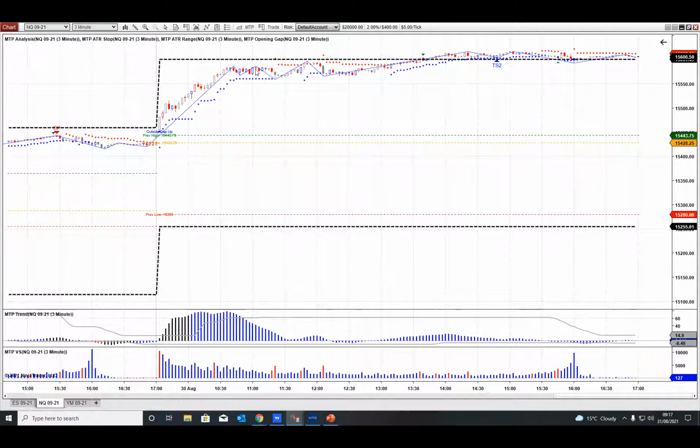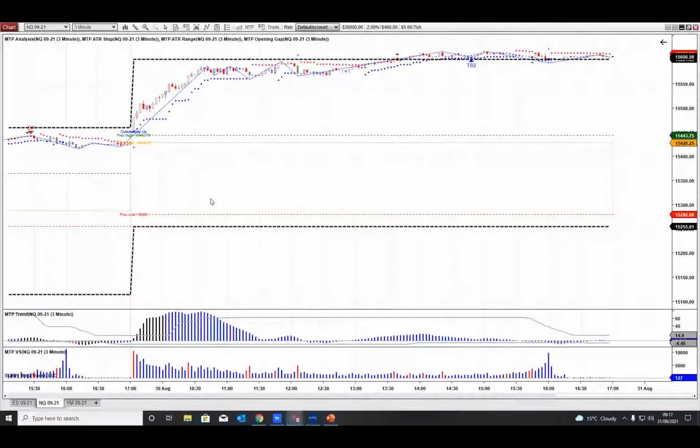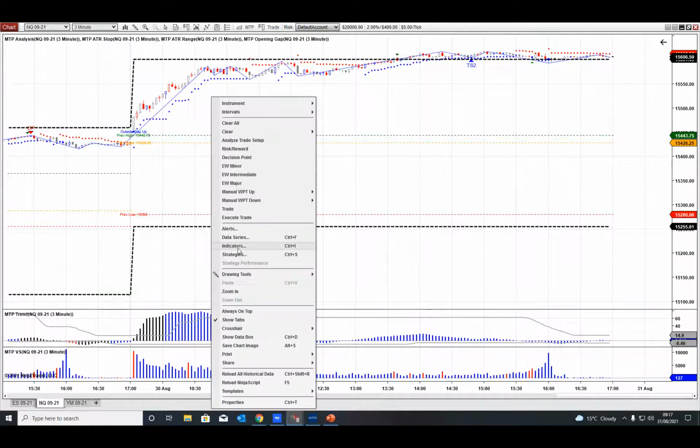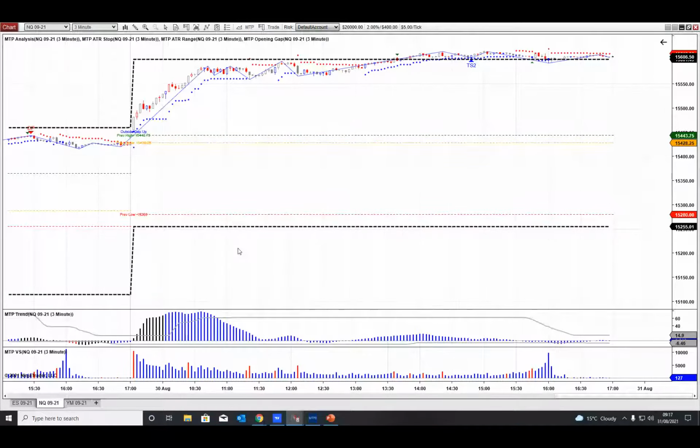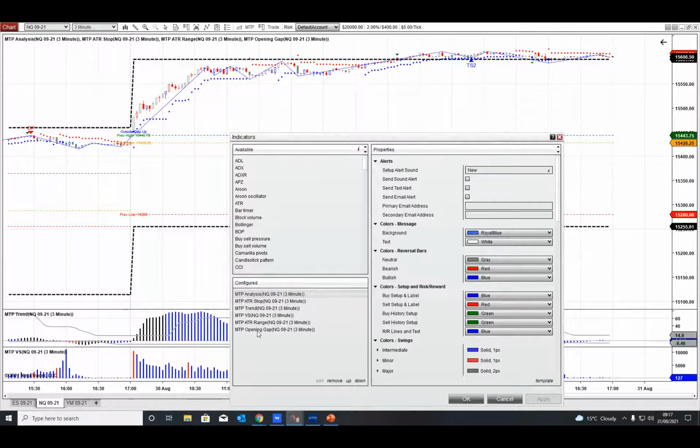So it's only been designed for the US E-minis because they have a day session. So any other questions on those particular tools? Again, it's the MTP ATR range and the MTP gap opening, which are those indicators in NinjaTrader.